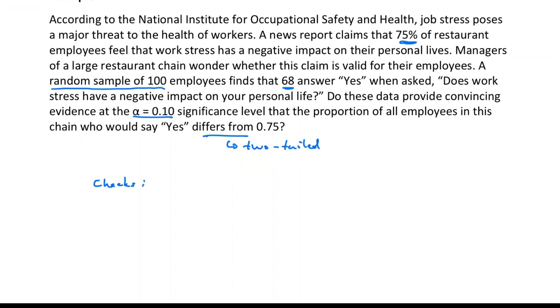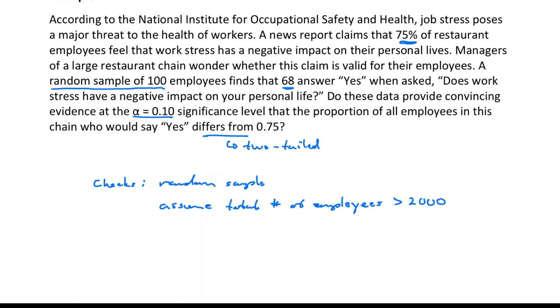All right, so our checks. We have a random sample. They tell us that. It says a large chain restaurant, so we're going to assume there are lots of employees. In order for this to work for a random sample of 100, we have to assume that the total number of employees is greater than 2,000, which again, for a large chain restaurant, is not unreasonable.